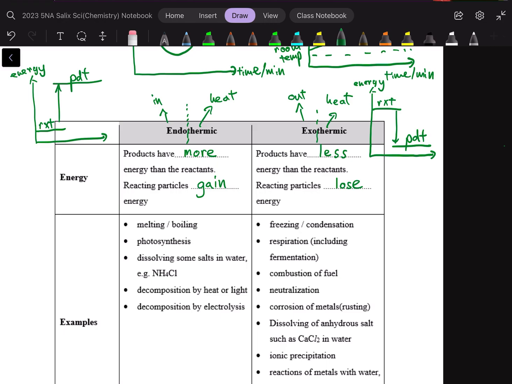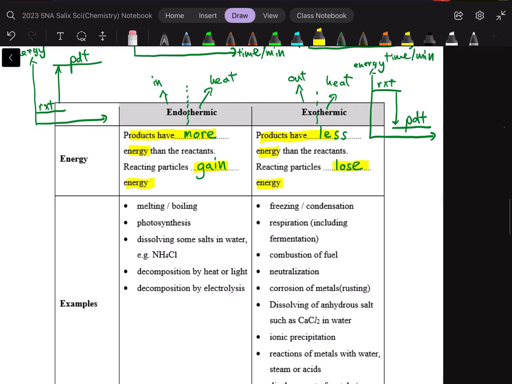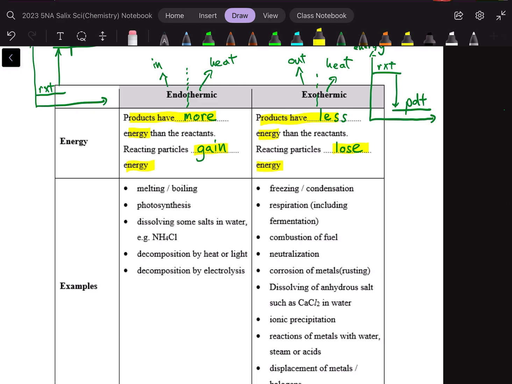Okay, so you can do some highlighting again. For endo, products have more energy. For exo, products have less energy than the reactants, so essentially the reactant particles lose energy for exo, and for endo the reactant particles gain energy. Then below are some examples of endothermic processes and exothermic processes.